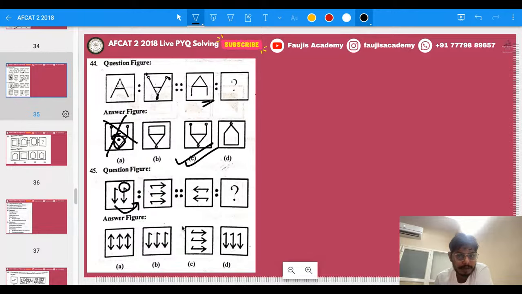We'll have it pointing downwards. These two cannot be the answer. And then the direction of this will change. 45D. Devnathan, it's 45D. D for delta. This one will be the answer.